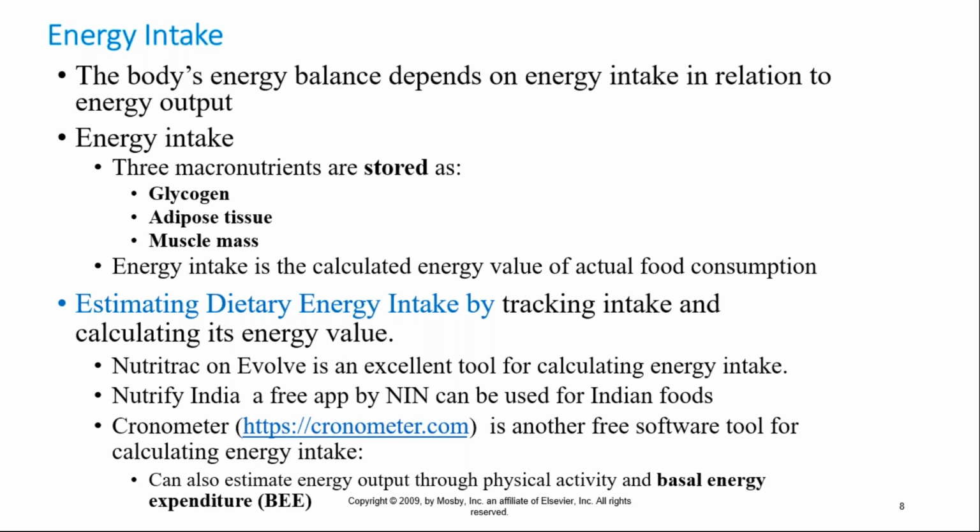And the energy intake, what you take in, is actually the calculated energy of the food that you consume. So if you have consumed about 200 grams of rice for lunch today, that will be 200 into 4, 800 kilocalories in, and adding to it all the other side dishes that you have taken.